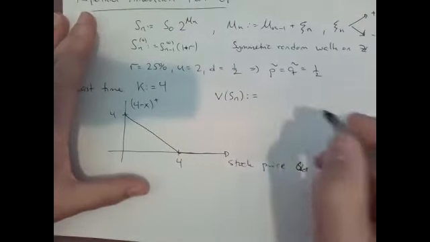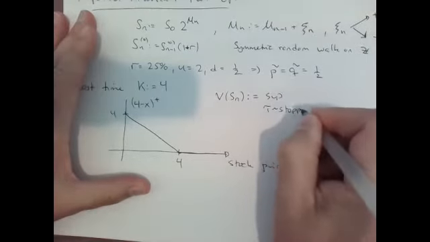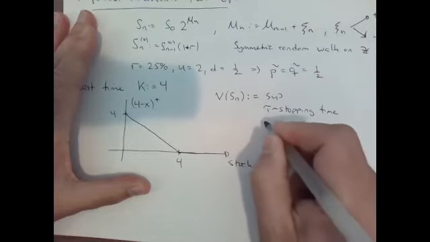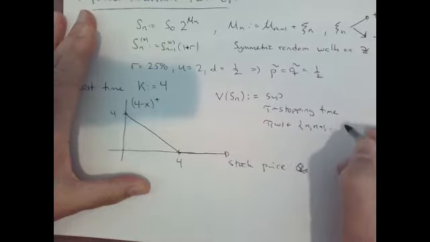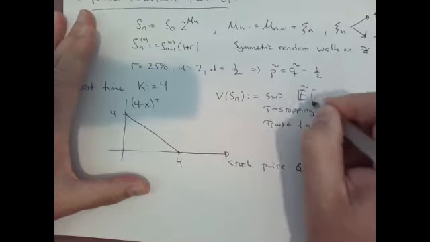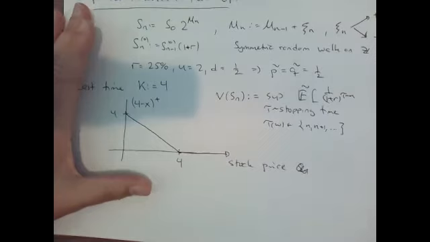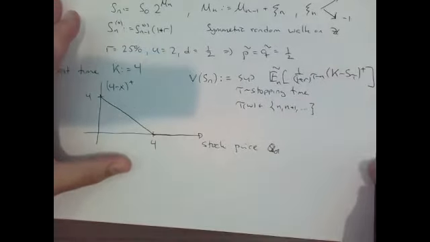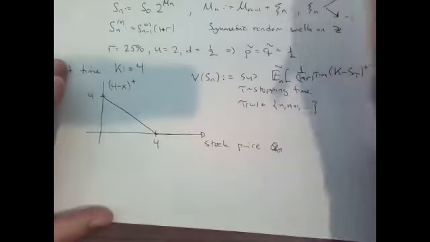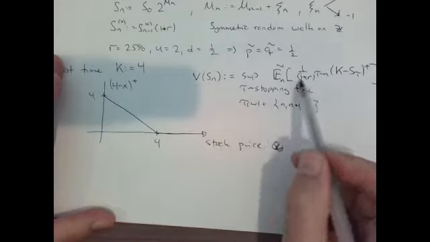This was the maximum over stopping times tau, with omega belonging to n plus 1 and so on, and we take E tilde of 1 over 1 plus R to the tau minus n, times the payoff, K minus S tau, positive part, conditioned up to time n. We were interested in figuring out what V is, and what the optimal exercise time is.